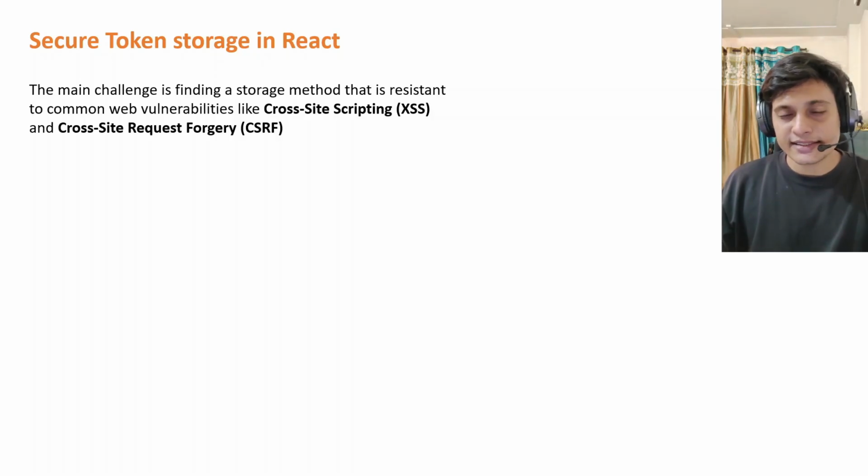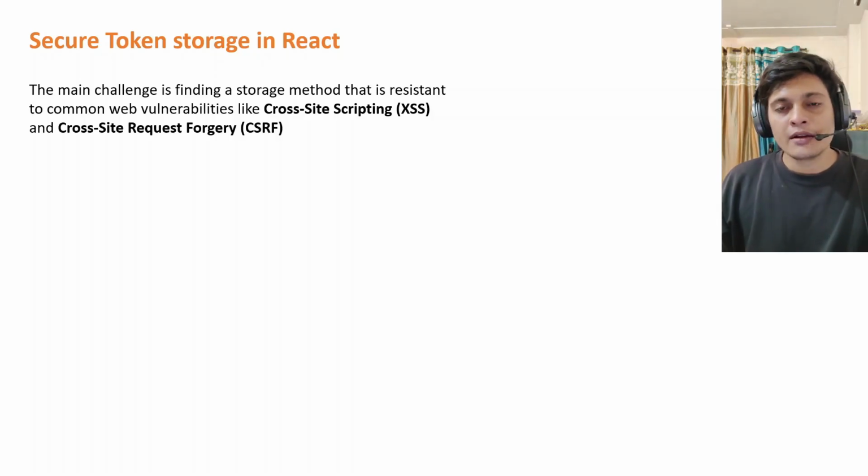XSS is actually an attack, when your front end stores your token or password in the local storage. What I mean by local storage is that your browser also has some local storage. You can name Chrome, you can name Firefox, you can pick any browser. All the browsers have this kind of local storage where they store values in key-value pairs.